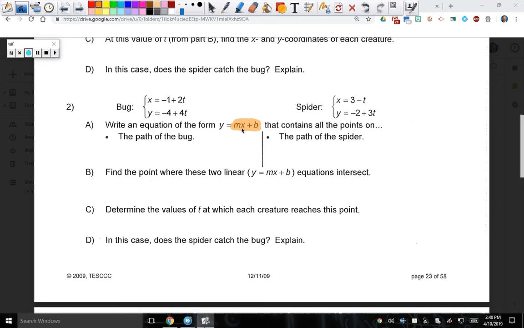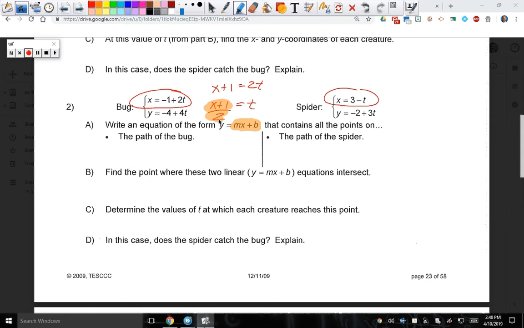So step 1, you help me out. What do I do? Those of you who know what to do. Yep, we're going to solve for t from each of these. Okay? For instance, solving for t on this one, I'll add 1, and then I'll divide by 2. This is t.